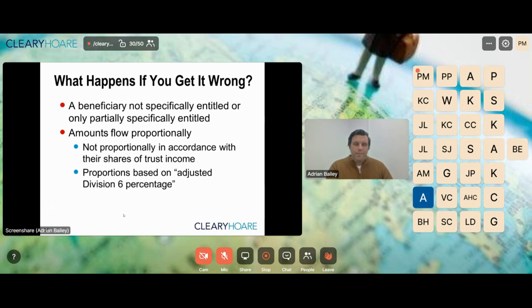So if we have a capital gain or a franked dividend to which no beneficiary is specifically entitled or only partially specifically entitled, that comes out proportionally. It doesn't come out proportionally in accordance with our share of trust income as it would normally in accordance with Bamford. It comes out in accordance with what's called our adjusted division 6 percentage.